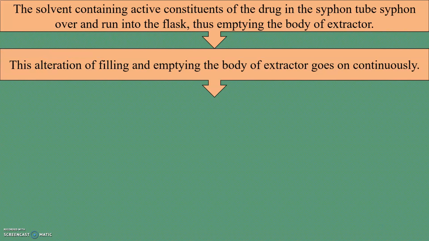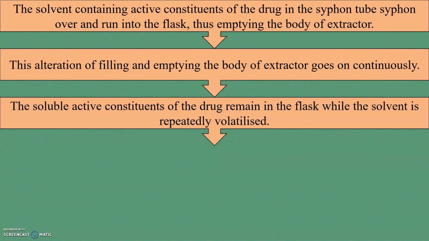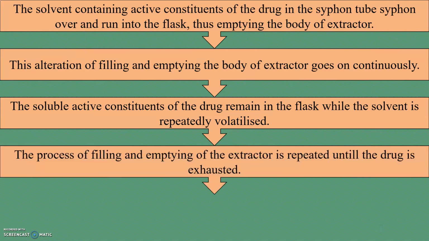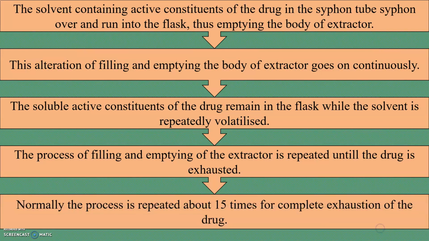This alteration of filling and emptying the body of extractor goes on continuously. The soluble active constituents of the drug remain in the flask while the solvent is repeatedly volatilized. The process of filling and emptying of the extractor is repeated until the drug is exhausted. Normally, the process is repeated about 15 times for complete exhaustion of the drug.